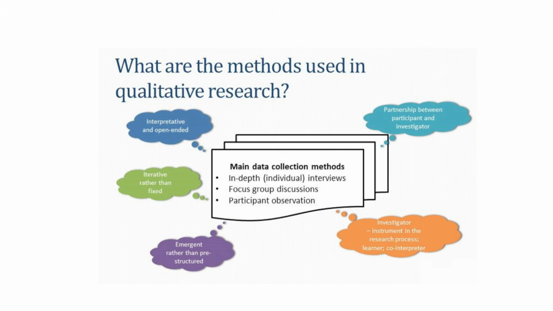Now see this picture very carefully. This is showing the methods used in qualitative research. In it, they have spoken regarding the main data collection methods. They have mentioned only three: in-depth interviews or the individual interviews, focus group discussions, and participant observation. The whole theory will revolve around these three aspects.